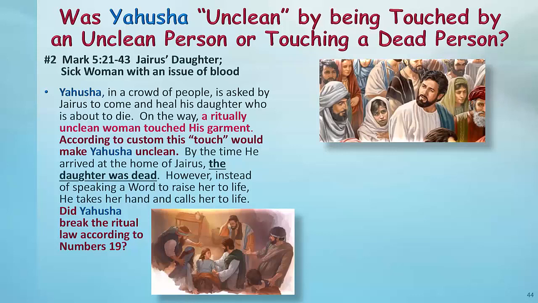According to custom, this touch would make Yahusha unclean. By the time he arrived at the home of Jairus, the daughter was dead. However, instead of speaking a word to raise her to life, he takes her hand and calls her to life. Did Yahusha break the ritual law according to Numbers 19?